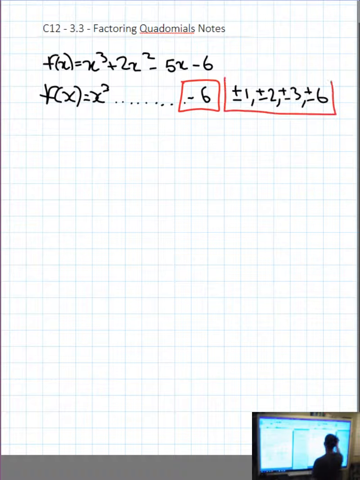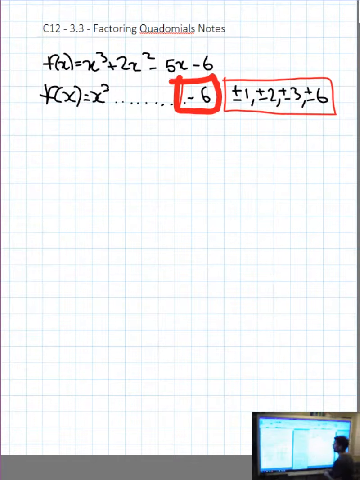I've done a little bit more theory off to the right with all the different examples we could have with the minus 6 last, and again, how the last number, negative 6, is the number that you get if you multiply out all the factors.